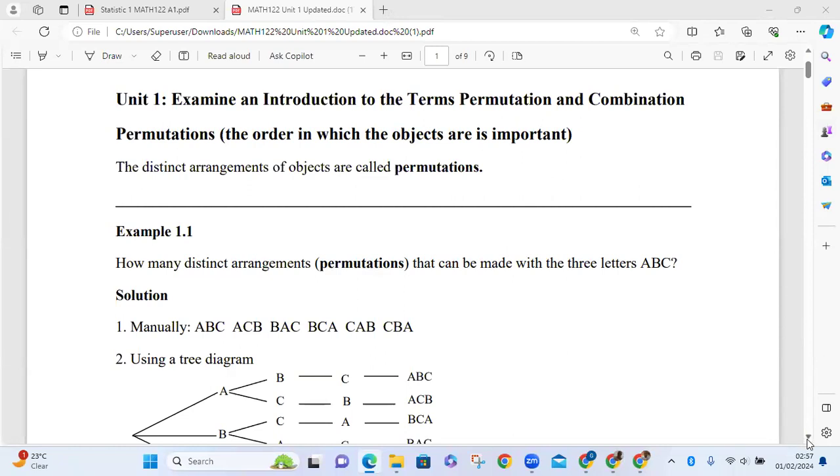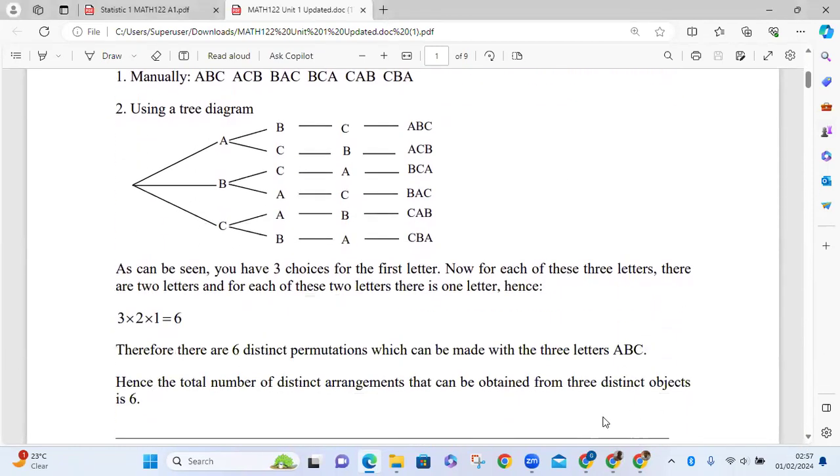So using the tree diagram to analyze the total number of distinct arrangements that can be made, for instance, in your first selection, you have 3 choices for your first letter. So when you come to select randomly, you've got 3 choices.